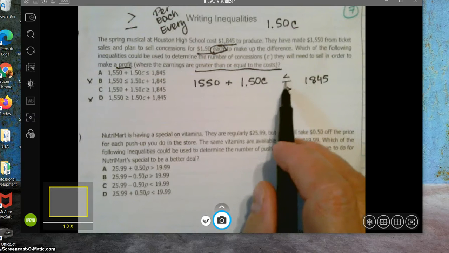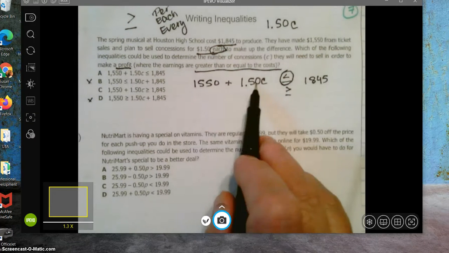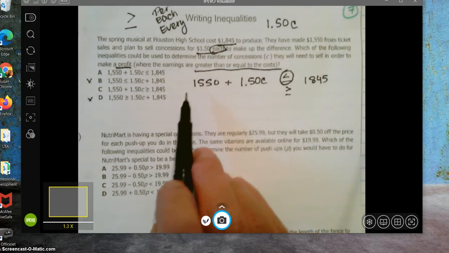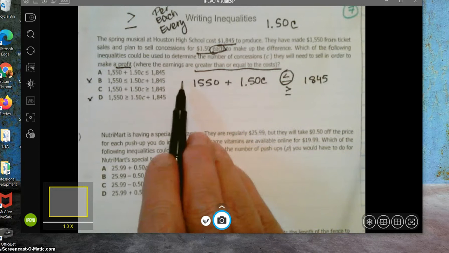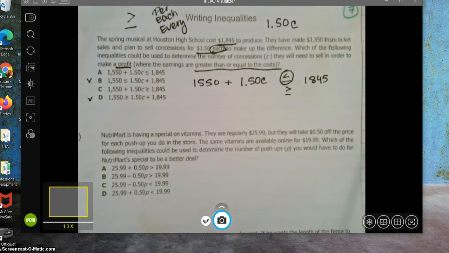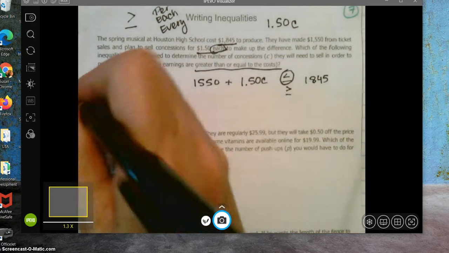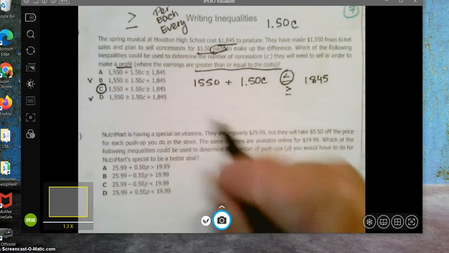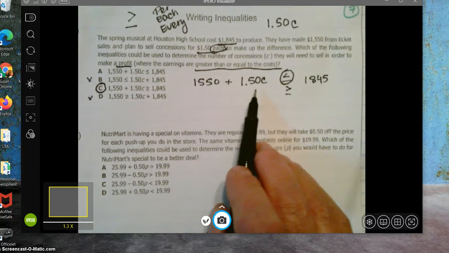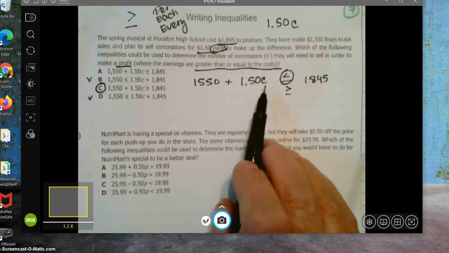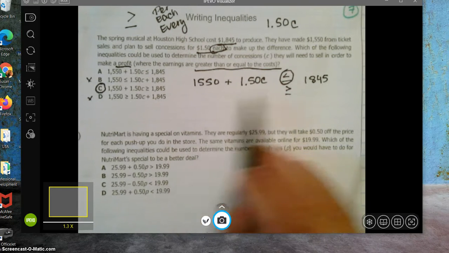Okay, and this can be confusing. This one is the wrong one because that's saying this side will be less than or equal to 1845. I need this side to be greater than or equal to the 1845. So that is going to be this one. So that's going to be C. This $1,550 plus $1.50 per concession, I need to make sure that I have a value for C here that's going to make this greater than 1845.